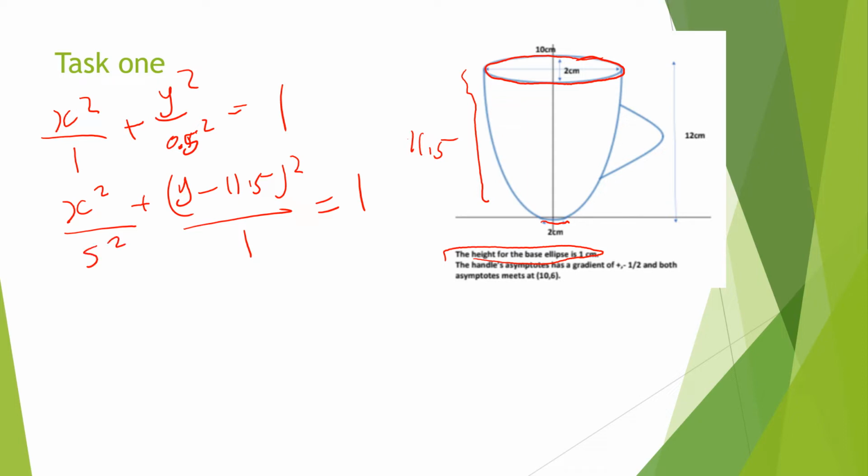Now the next one, the easier one, is your hyperbola. So the hyperbola is this one here. In the hyperbola you need the center, and you also need the gradient of the asymptotes to find a and b. You've been given the center. When both asymptotes meet, that's the center, so that's why you write your hyperbola like that.